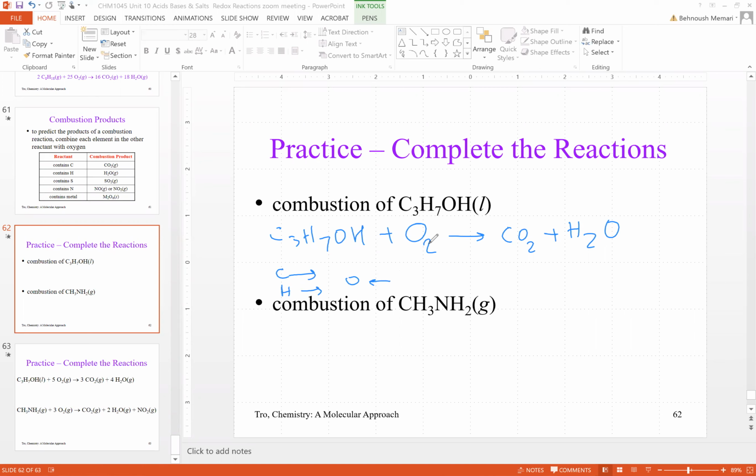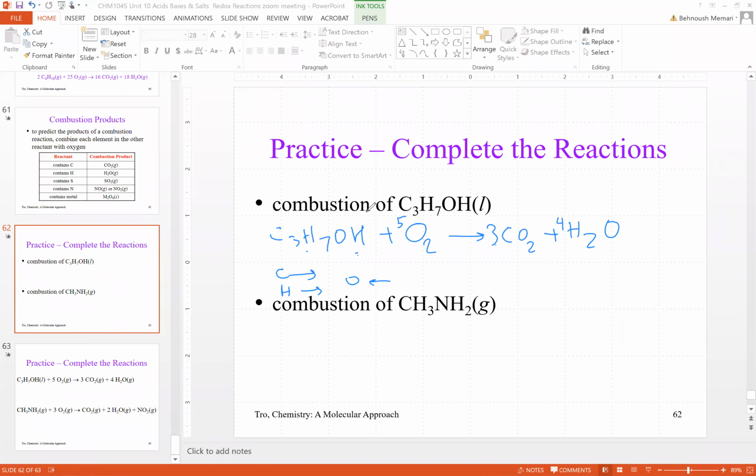So we have 3 carbon, it gives 3 carbon dioxide. We have 8 hydrogen, that's 7 plus 1, that gives 4 water molecules. So we have 3 times 2, that's 6 oxygen, plus 4 oxygen, that's 10 oxygen. For the 10 oxygen, we need 5 O2, and that's how you balance the equation.